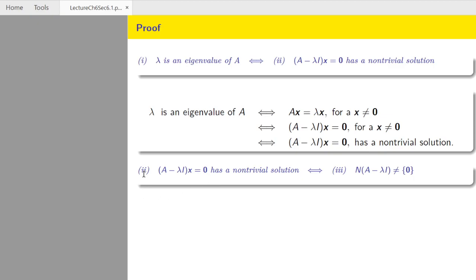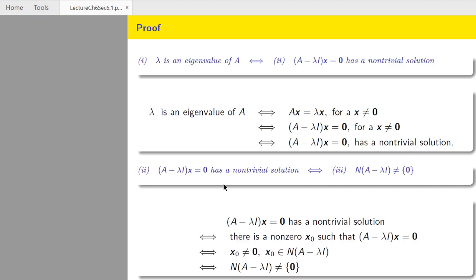Let's show the second and the third statements are equivalent. Statement 2 is the system (A minus lambda I)x equals 0 has a non-trivial solution. That means there is a non-zero vector x0 such that (A minus lambda I)x0 equals 0.